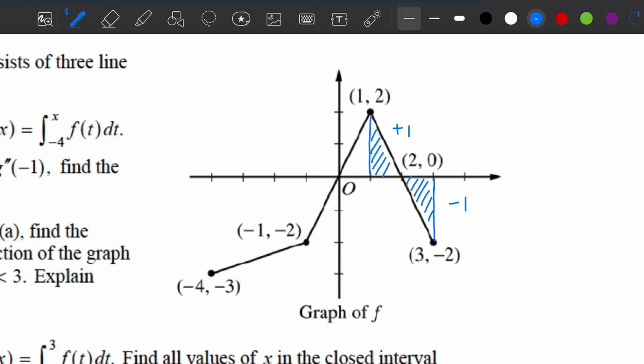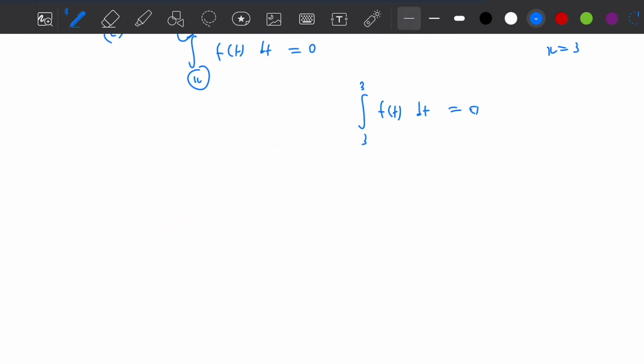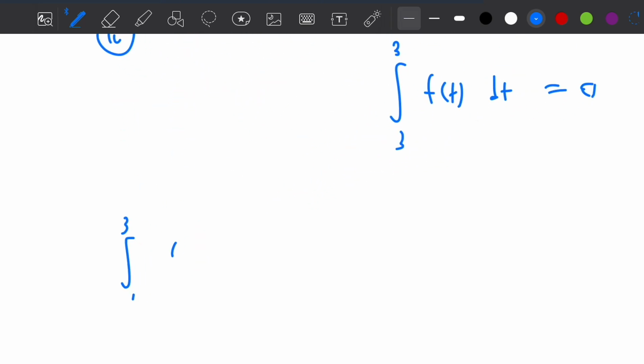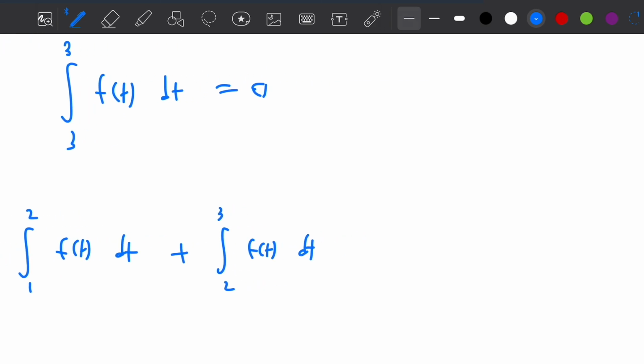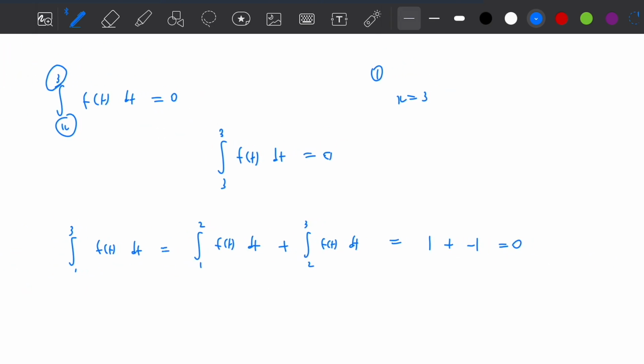As an integral expression, the integral from 1 to 3 of f(t) dt equals the integral from 1 to 2 of f(t) dt plus the integral from 2 to 3 of f(t) dt, which equals 1 plus -1 equals 0. That makes our second solution x equals 1.